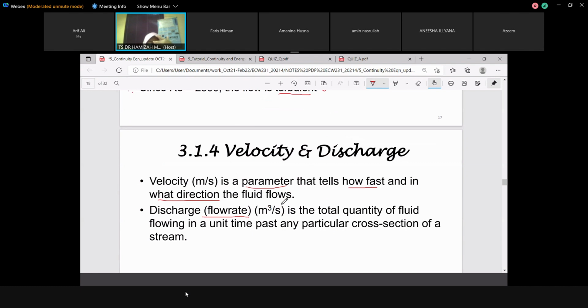So based on the unit here, you can know what is the formula to determine the discharge. Anyone? If you see meter cube per second, what is the formula for discharge?